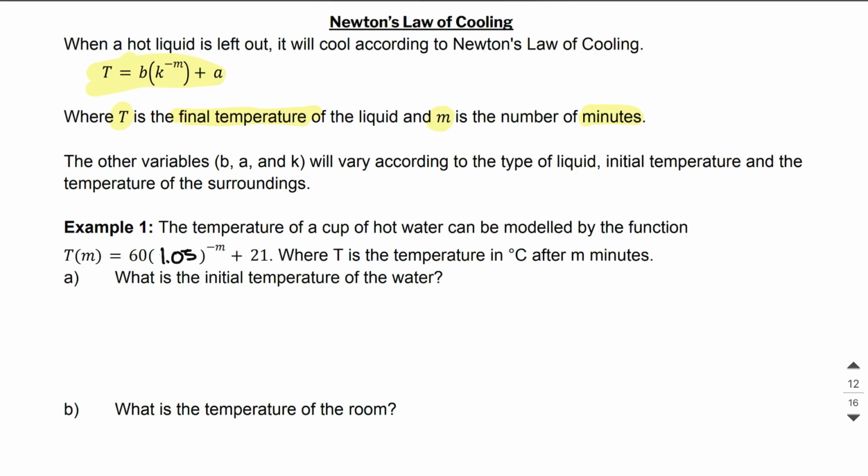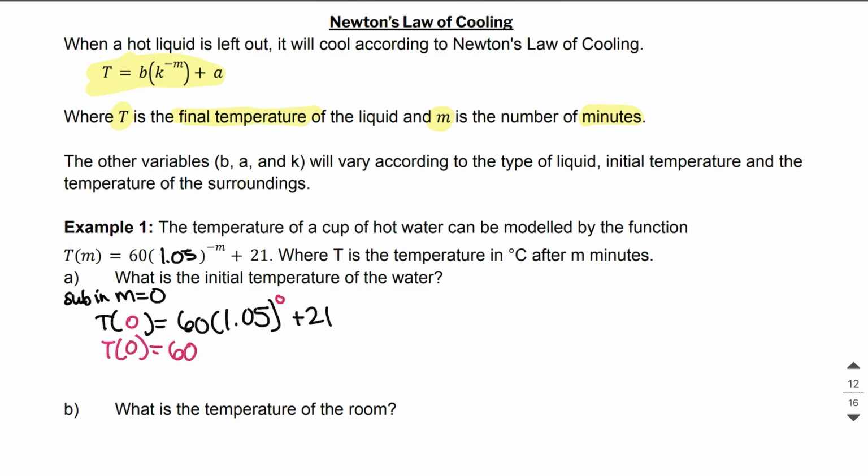Well, the initial temperature of the water will happen when M equals 0. So we're going to sub in M equals 0. So here I'm going to say T of 0 is going to equal 60 times 1.05 to the power of 0 plus 21. Well, what does this mean?